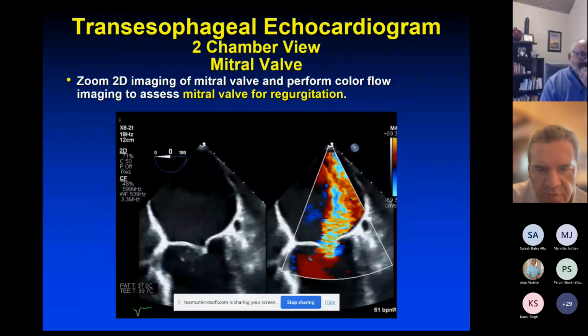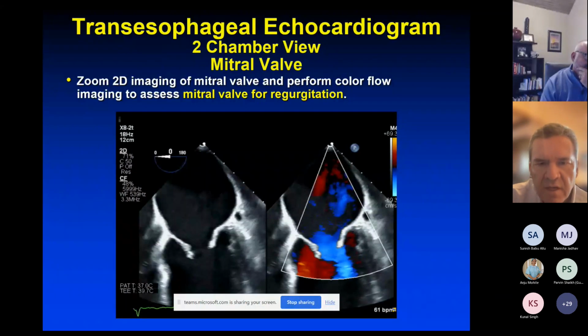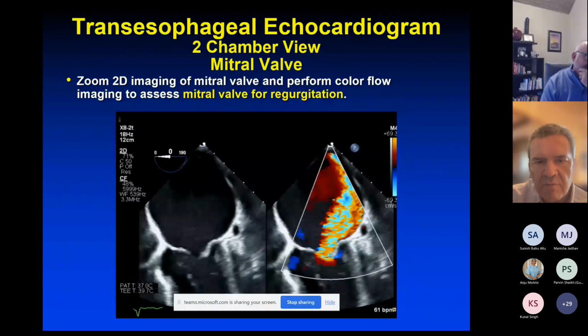And also in this two-chamber view, like we mentioned, please zoom in on the mitral valve and obtain images both with and without color, which will allow us to better assess mitral regurgitation.